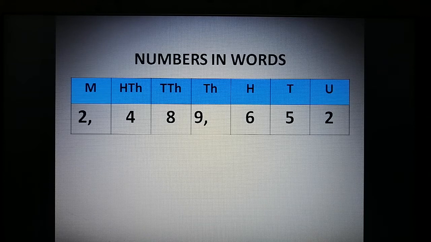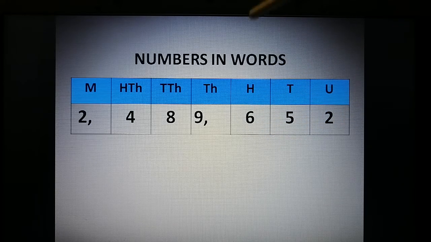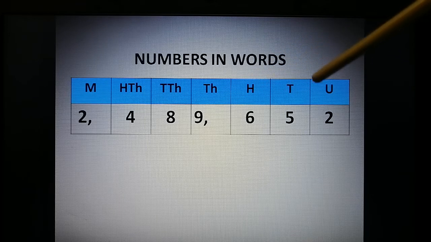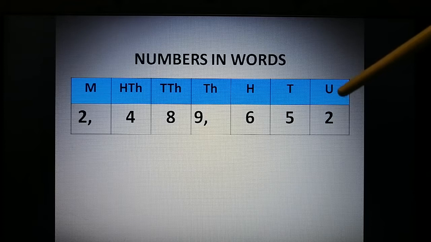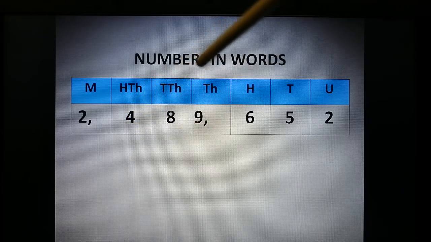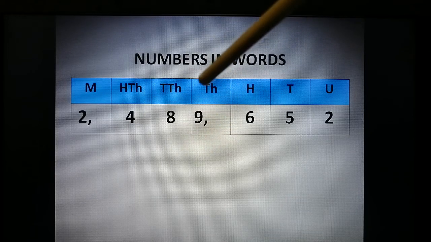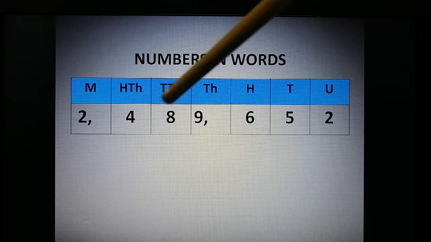If I say write 652, these 3 digits, in words, is it difficult? No. You know that 652 in words is 652. Similarly, 489. Yes, you know that.